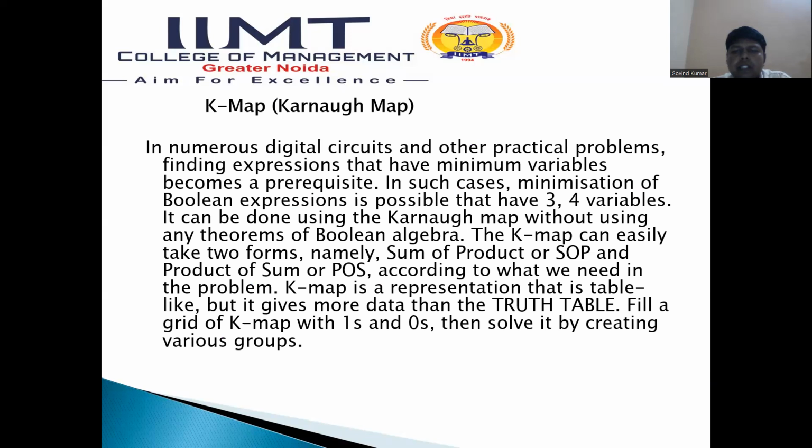The K-map is a representation like the truth table, but it gives more data than the truth table, in a grid with 1s and 0s. They solve it by creating various groups. The K-map concept is used for digital electronic circuits and practical problems, finding expressions with minimum variables for a Boolean expression.